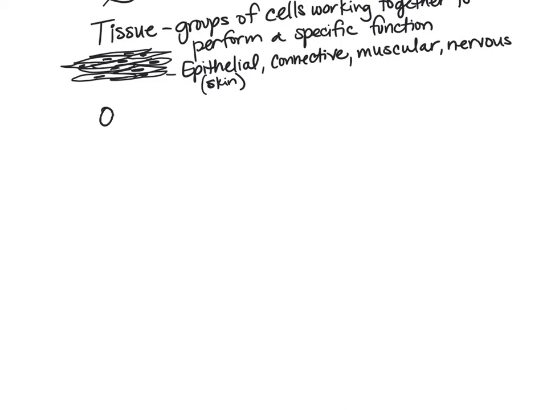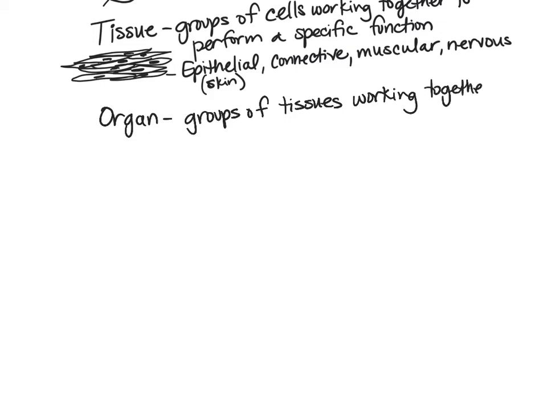Then we have the organ level. The organ level is different types of tissues working together to perform a specific function. So we can just say groups of tissues working together to perform a specific function.